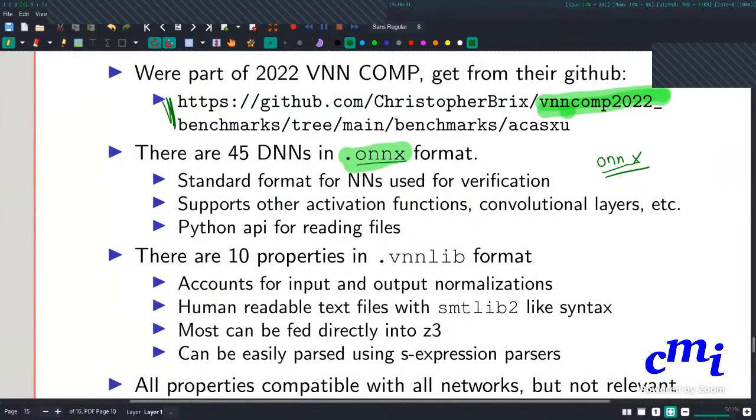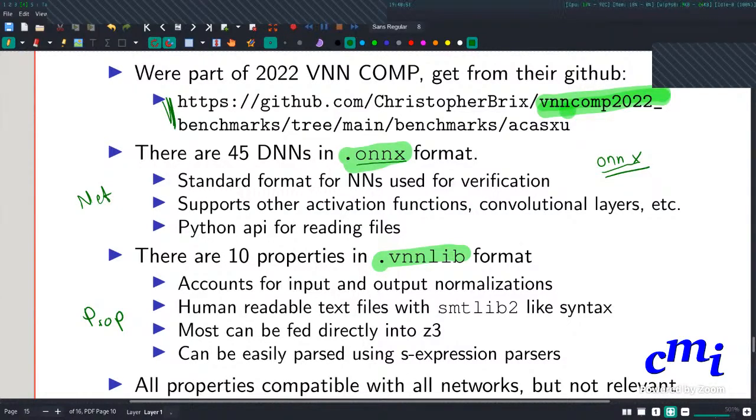The other thing you can do is look at the VNN-LIB files. These are the files that describe the properties. So ONNX files are for networks and VNN-LIB files are for properties. So we have the network and the property. The VNN-LIB files look just like SMT-LIB2 files. In fact, they can be fed directly into Z3.